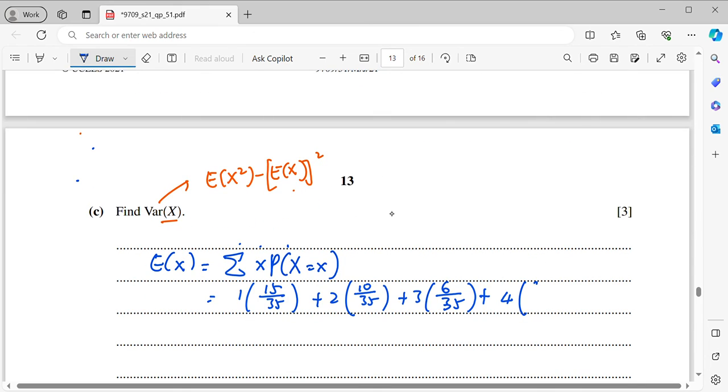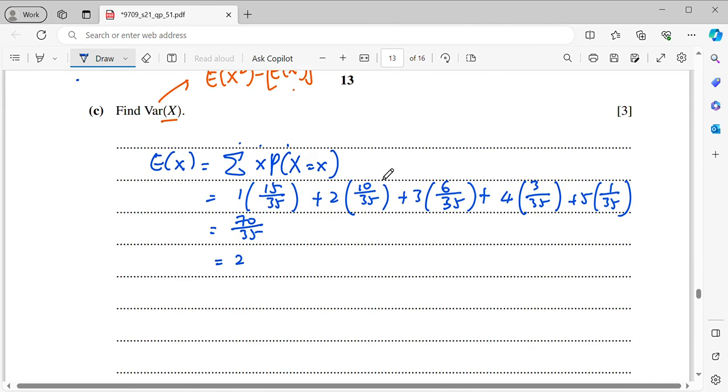Alright, so when you get the total, this is going to be 70 over 35, which is the same as 2.